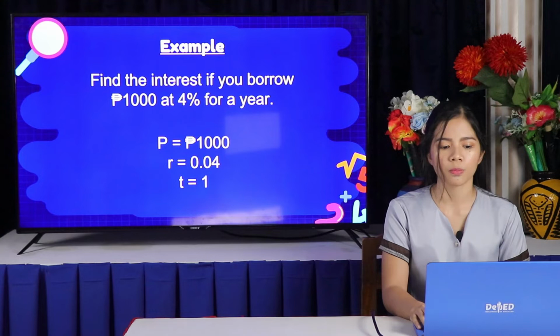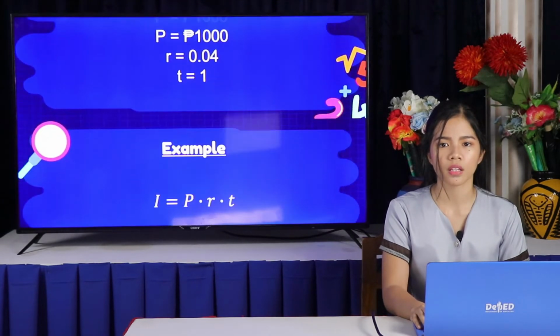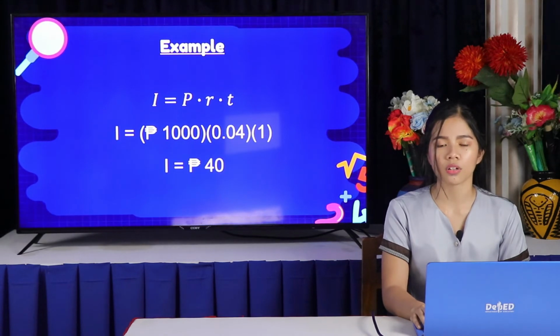Now, the principal is 1,000 pesos, the rate is 0.04, and the time is just 1 year. If you multiply this out, what you get is 40. The answer is 40 pesos, and it is the interest if we borrow 1,000 pesos at 4% for a year.